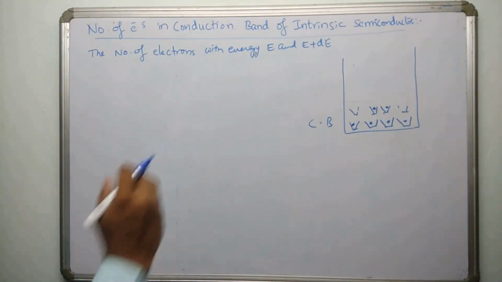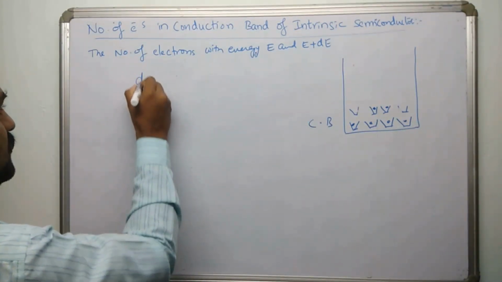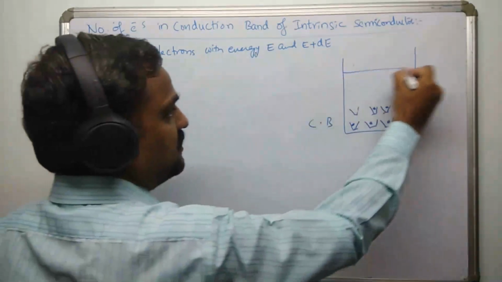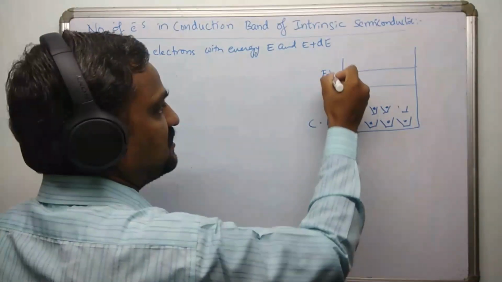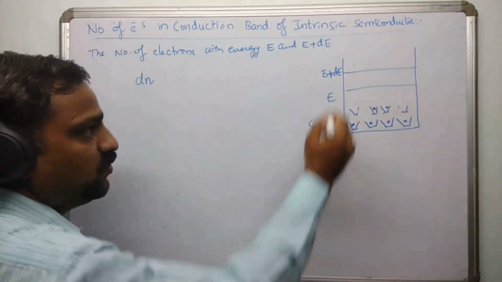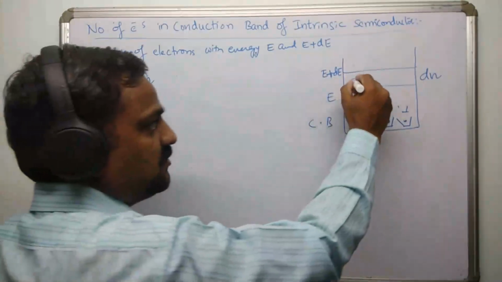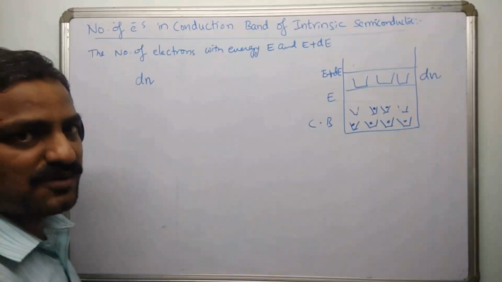So if we try to calculate that, that number is dN. Suppose dN number of electrons are existing here, let us suppose that this is energy E and this is energy E plus dE. These are just examples only. Within this gap, there may be some dN number of electrons. Within this, there may be some seats, right? So there may be dN number of electrons present over there.